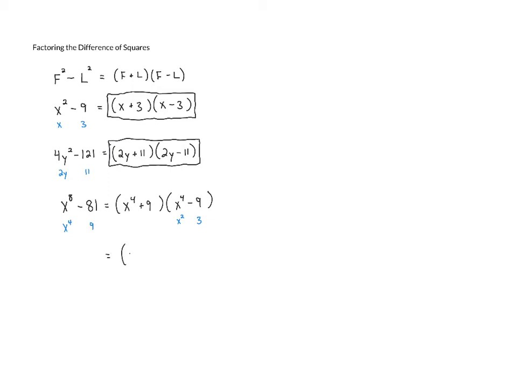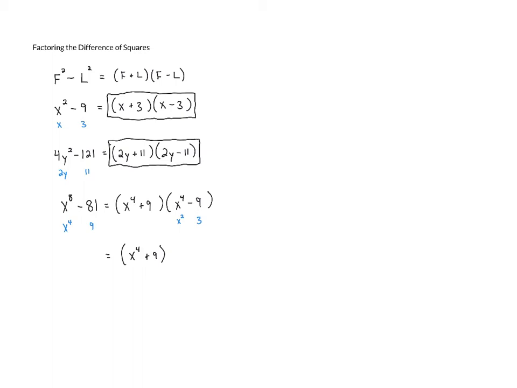The first factor that we had, x to the 4th plus 9, cannot be broken down any further. Even though x to the 4th and 9 are perfect squares, there's an addition here. It's not a difference of squares, it's a sum of squares. And we cannot factor a sum of two squares using the integers that we've been using.